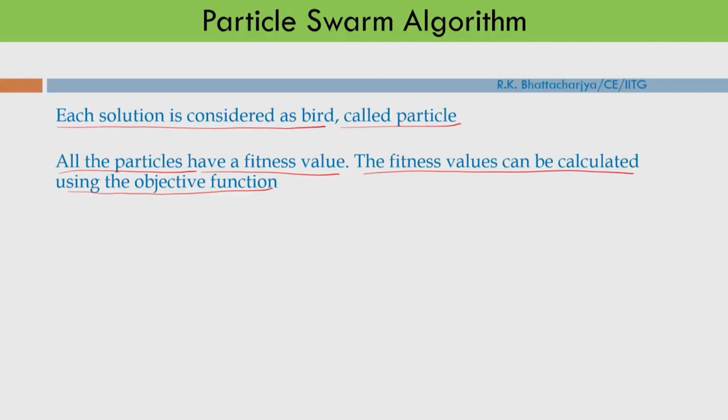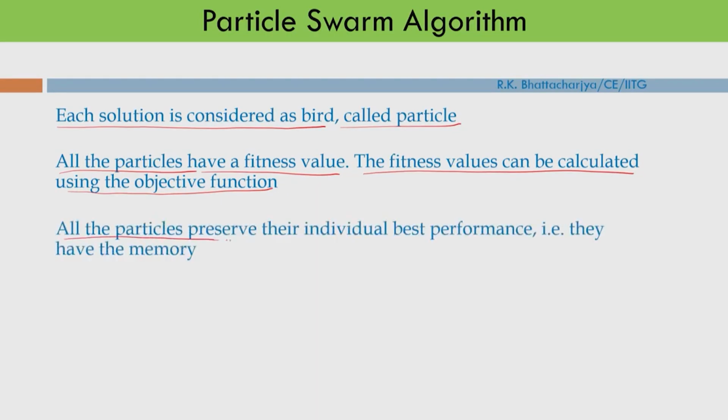So for each particle I can evaluate its position by using the objective function, that means the quality of that particular position or solution. All the particles preserve their individual best performance, that means they have the memory. They are preserving their individual best location.